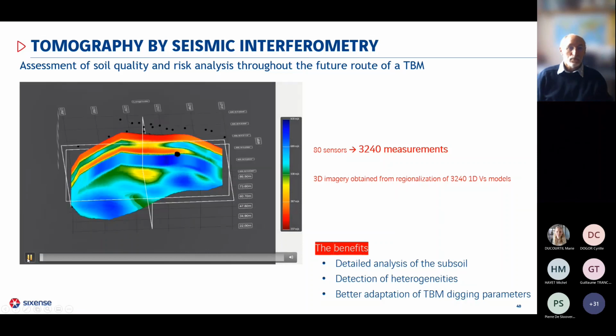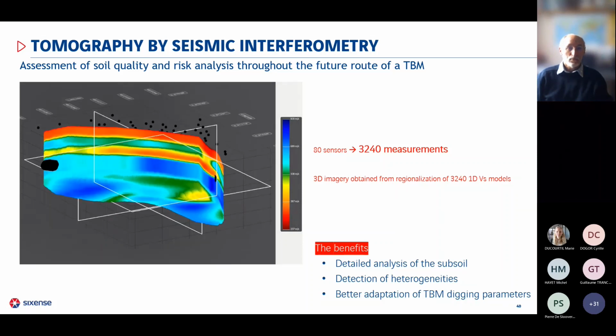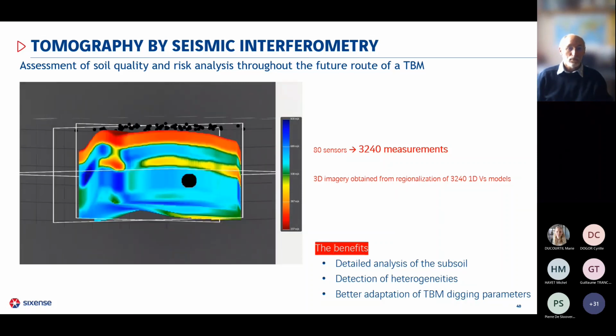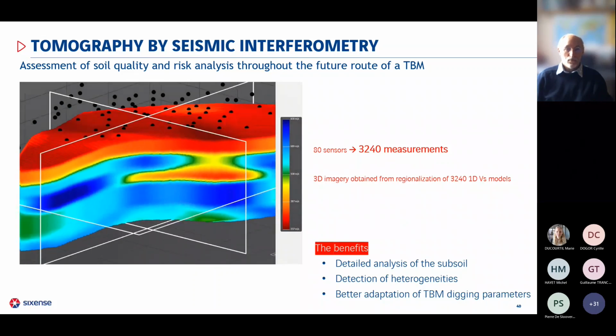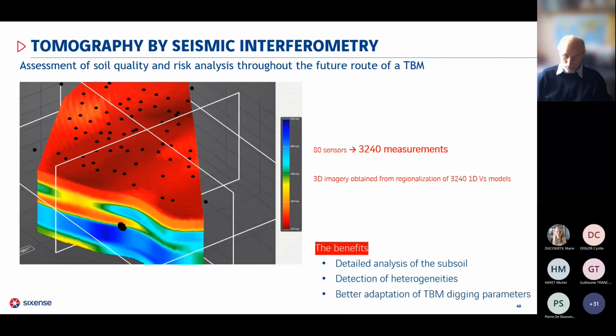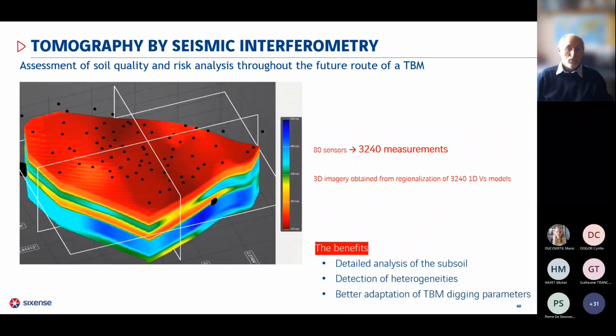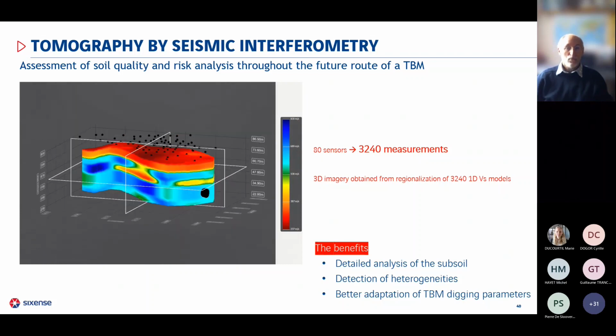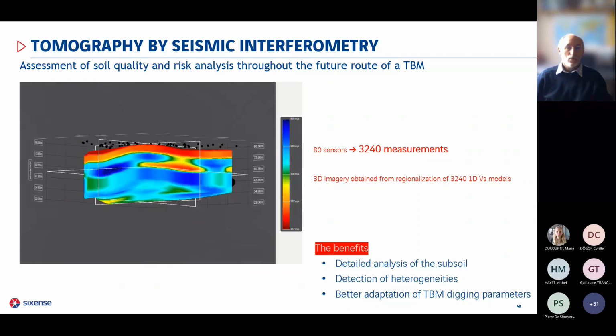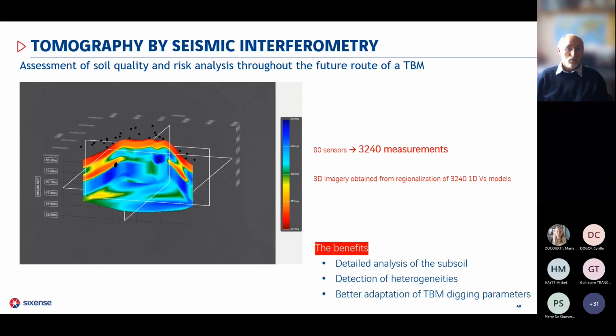Okay, so here is the final result. Again, the aim of this project was to analyze the subsoil down to about, let's say, 60 meters along the future route of a TBM, tunnelier, and to detect major heterogeneities in the medium. So here is the final 3D shear velocity model.